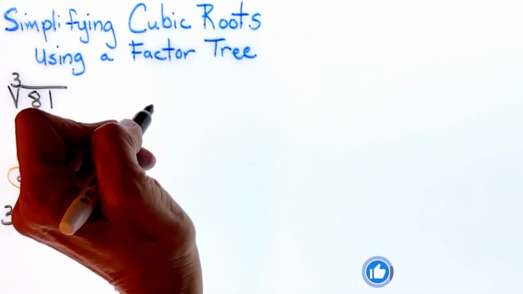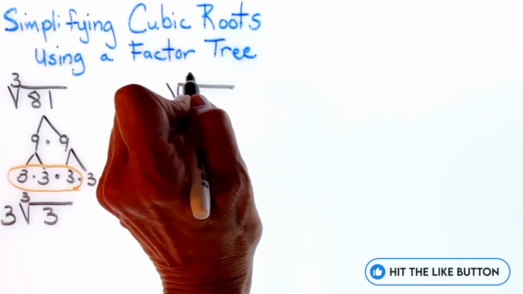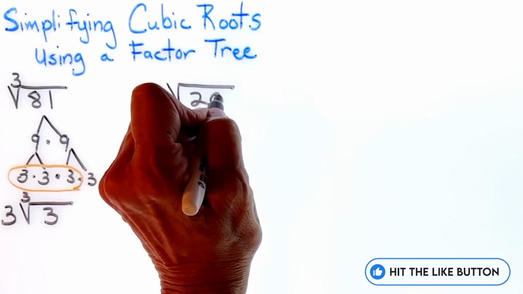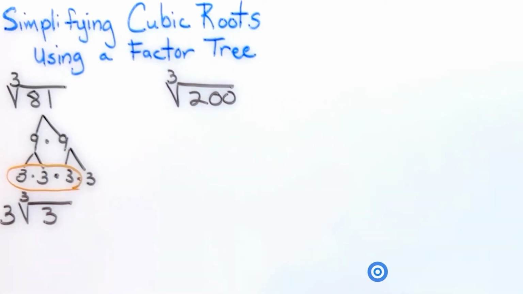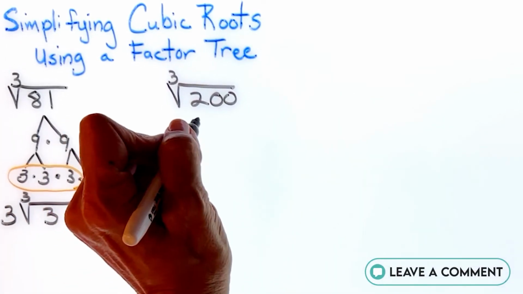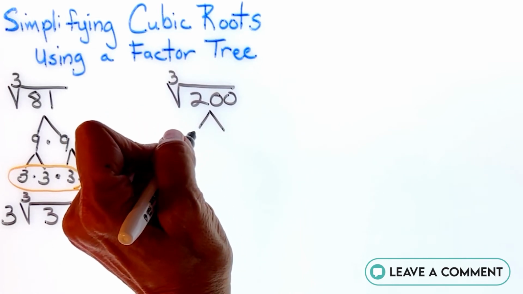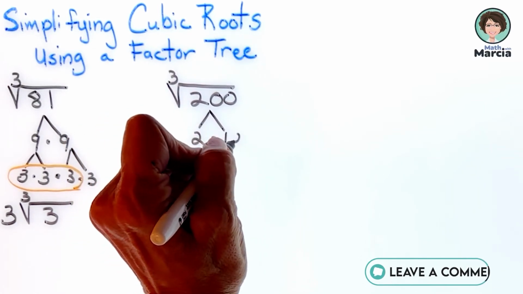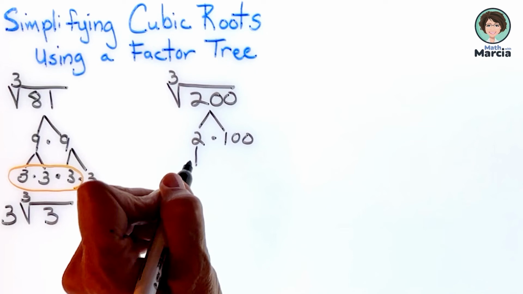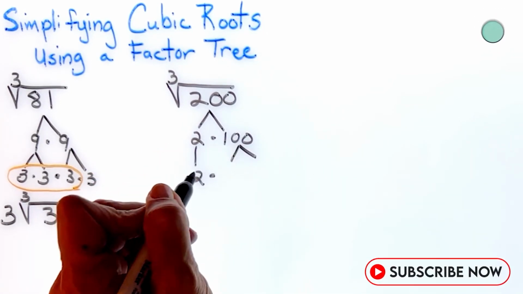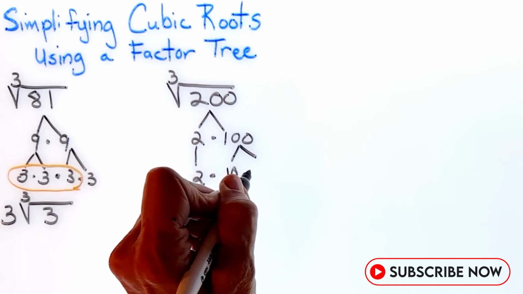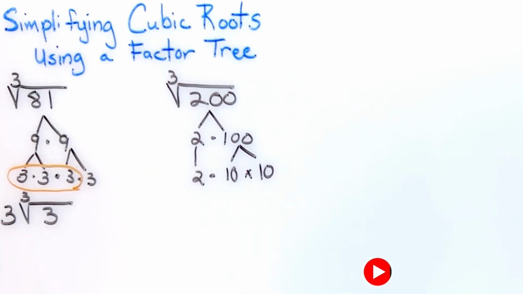Let's try the cubic root of 200. Okay, well, I know that when I'm talking about 200, I'm going to break it up into 2 times 100. And our 2 is prime, so I'm still bringing it down, but I'm going to break the 100 up into 10 times 10.